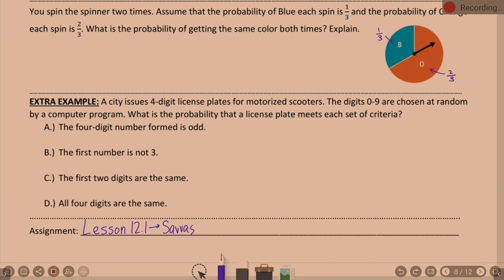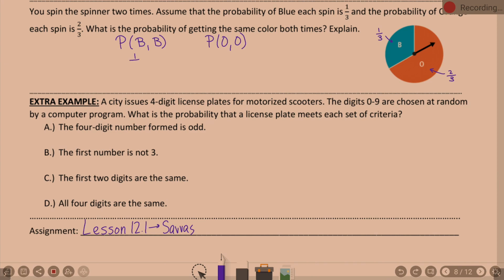So what do we mean the same color? Either 2 blue or 2 orange. Okay, either 2 blue or 2 orange. So what's the probability of getting a blue followed by a blue, or the probability of getting orange followed by orange? Okay, what's the probability of getting blue the first time? 1/3, it told me, right?